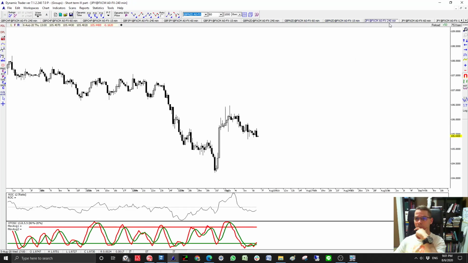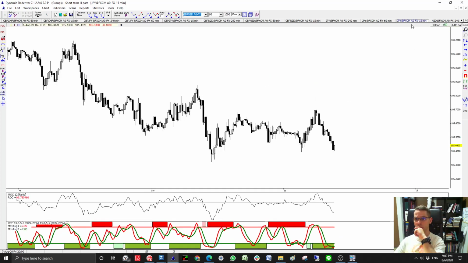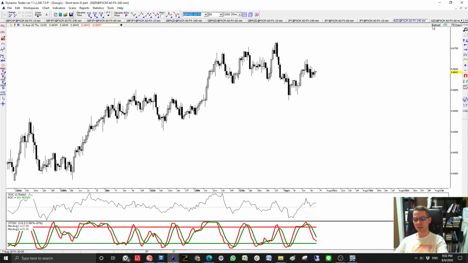Japanese yen against the dollar, oversold. Hey, I was expecting a breakout here. We'll see. Maybe we get it when, like in an hour and a half, the US opens, and we'd see a weaker Japanese yen. New Zealand.